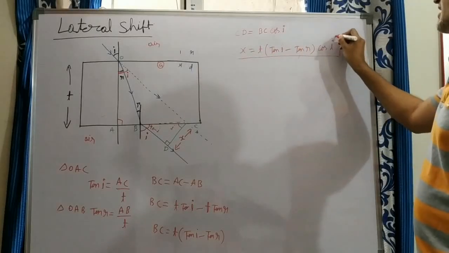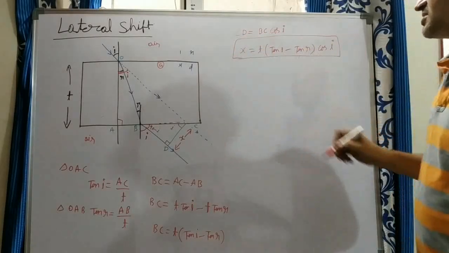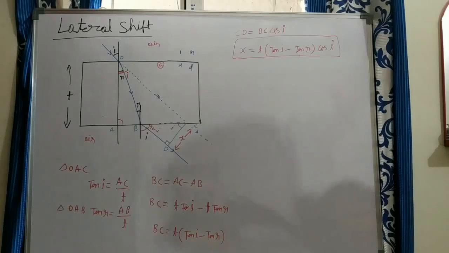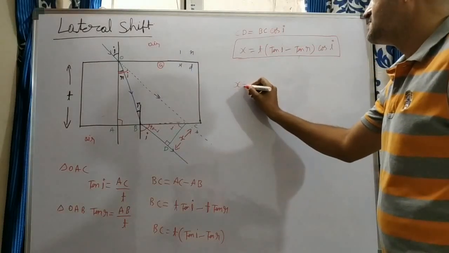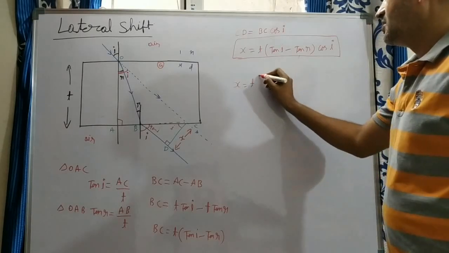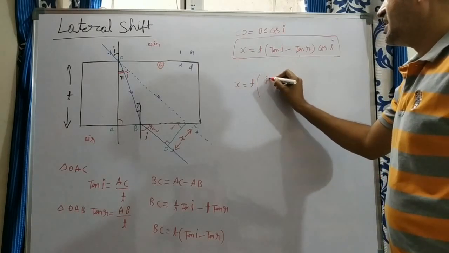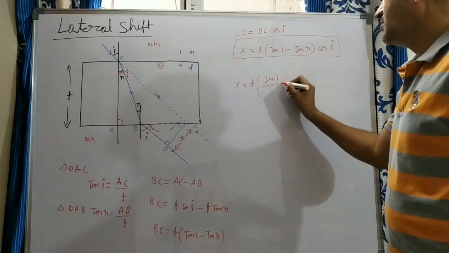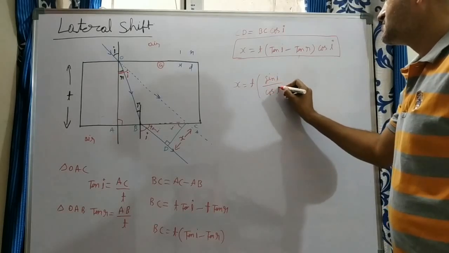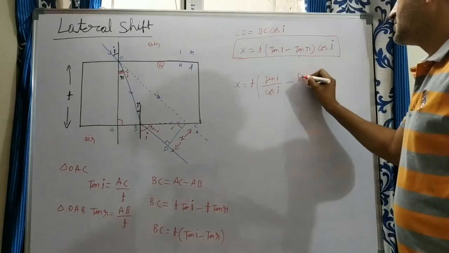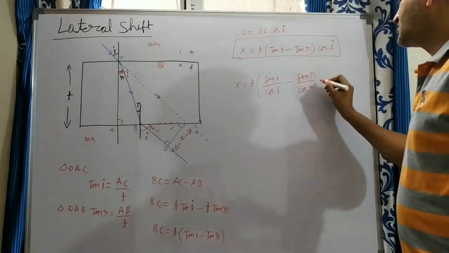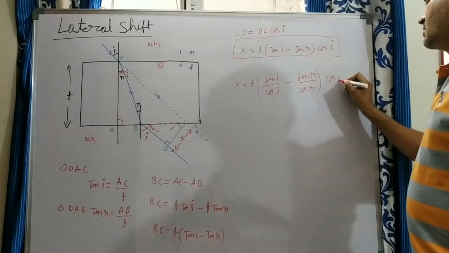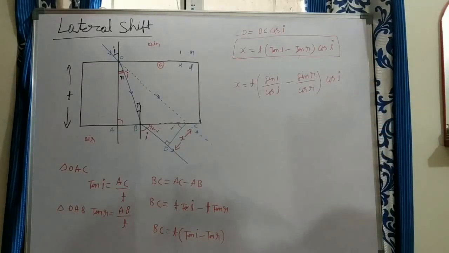If you know the incident angle, refracted angle and thickness of the slab, we can calculate like this. Otherwise you can expand this: x equal to T times sin I by cos I minus sin R by cos R, into cos I outside.